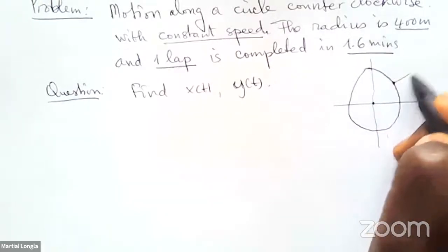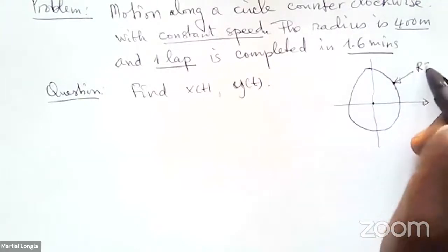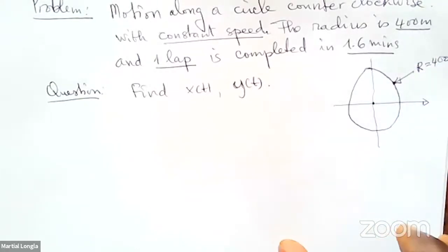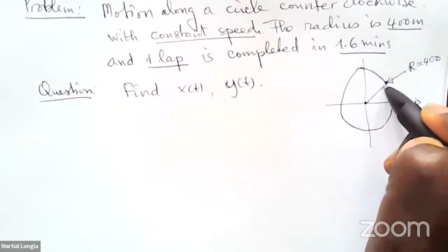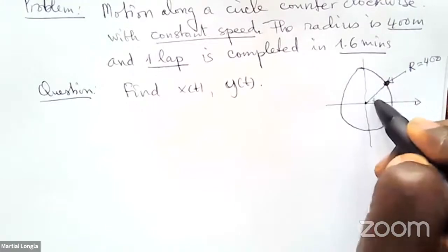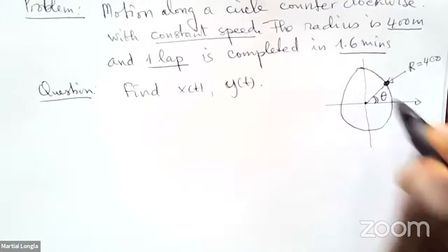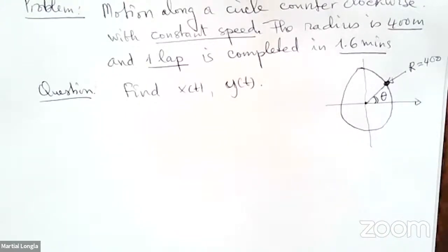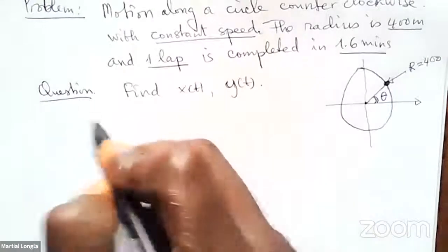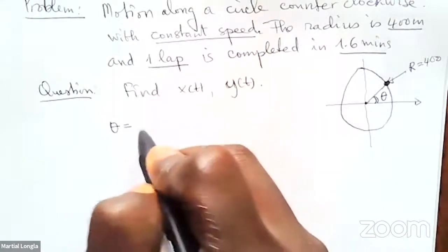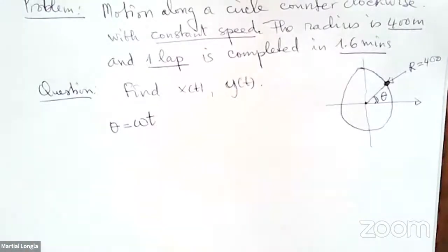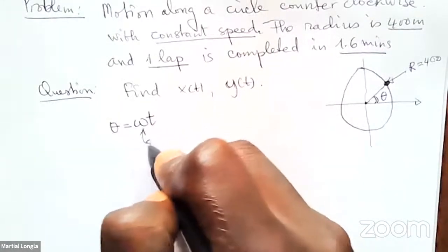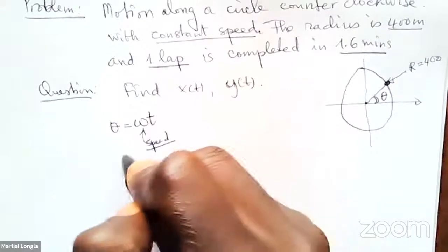The radius is r equals 400, it says. The speed is constant. Let's say we pick a point on that circle, and this angle, we call it theta. Because the speed is constant, theta equals that speed times time, where this is the angular speed, omega.